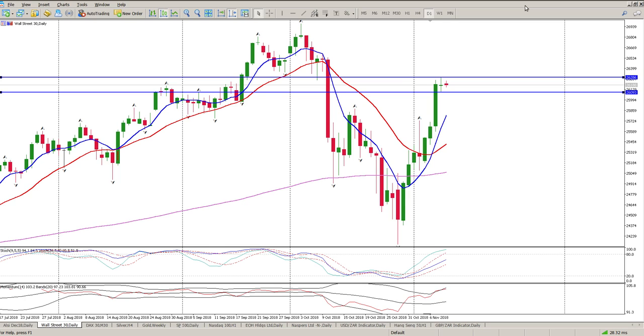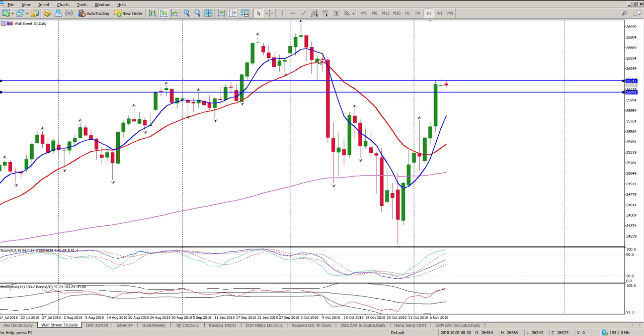Now, a couple of things that you need to watch out for is this bar from Wednesday. This could be seen as an exhaustion bar, and an exhaustion bar up into this previous swing low here. We did sort of pop above the high of the previous day, but came back and closed pretty flat.